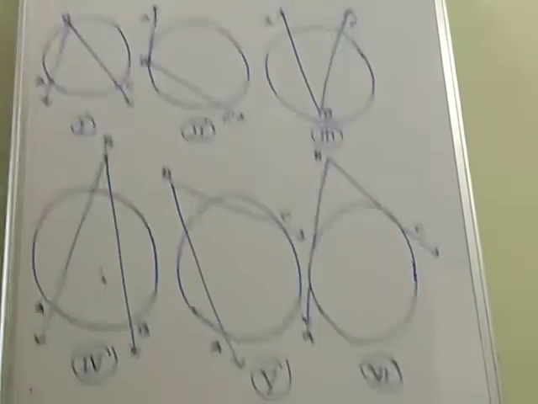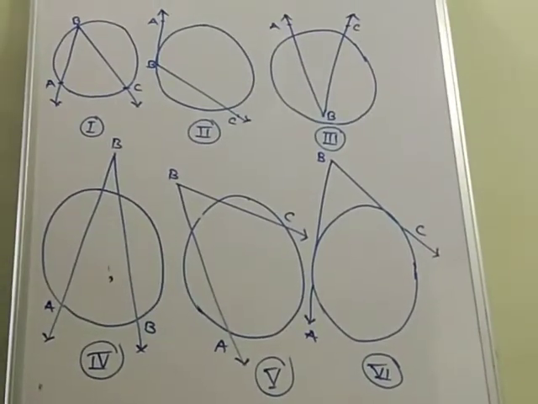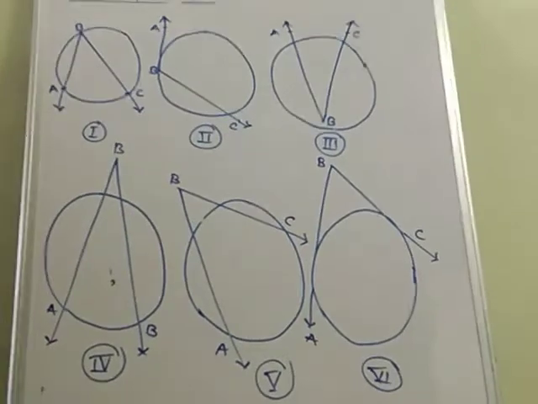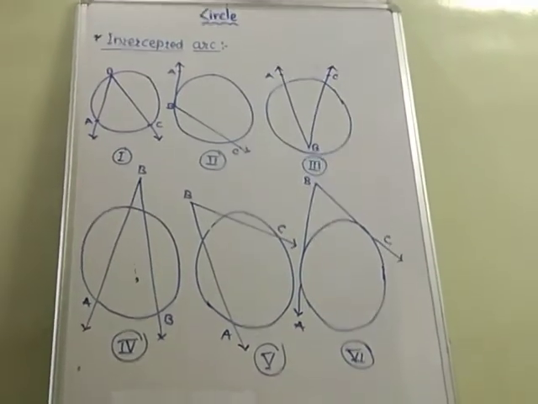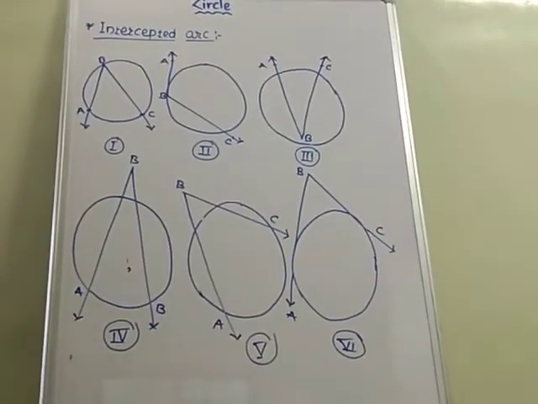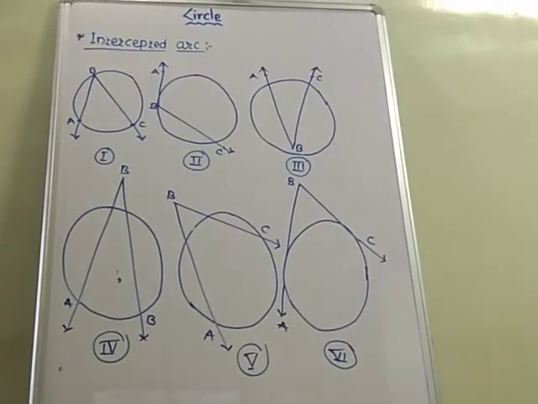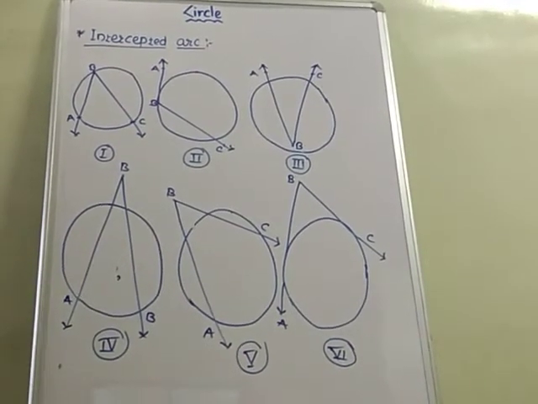In each figure, the arc of the circle that lies in the interior of angle ABC is an arc intercepted by angle ABC.